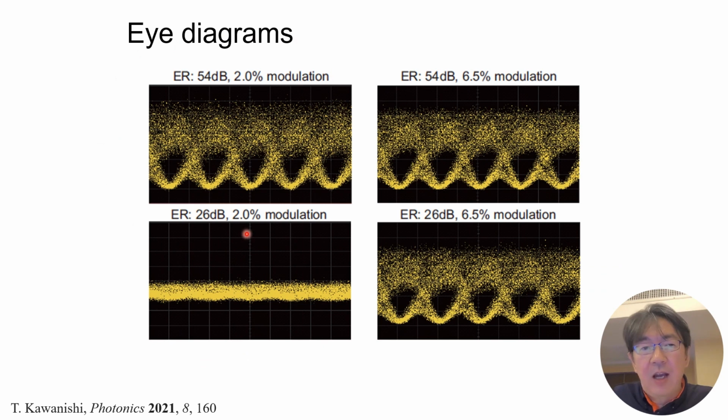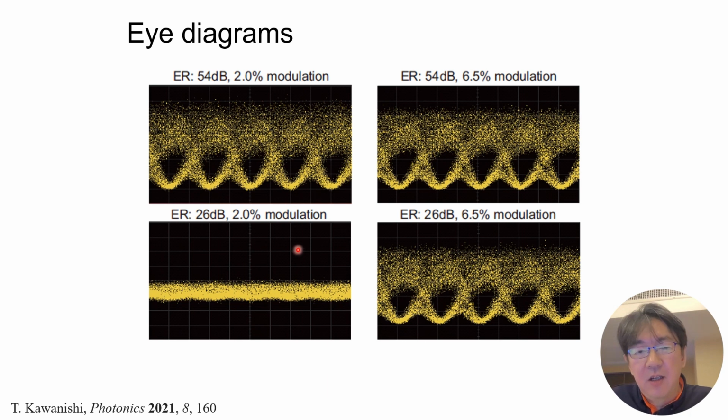Here's an eye diagram. The eye diagram shows the quality of the signal. Even if the modulation depth is very small, the 2% modulation, we can get a very nice waveform. If we increase the modulation depth, even if the extinction ratio is 26 dB, we can send the information.